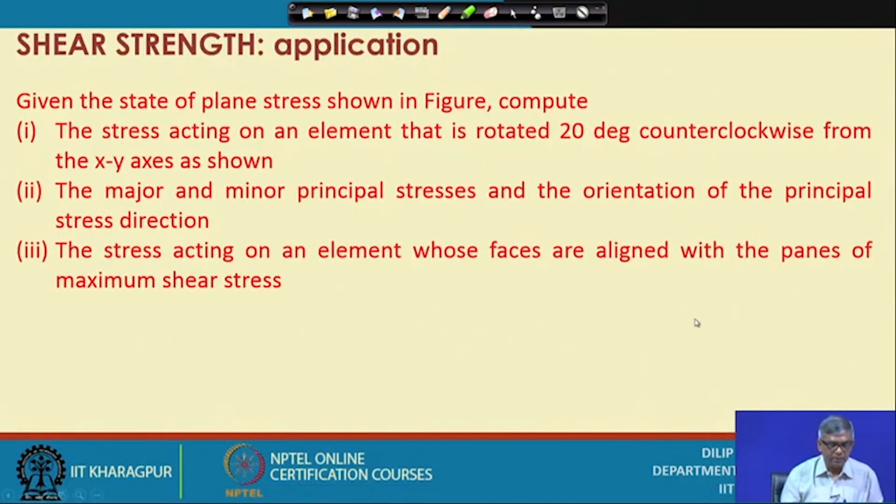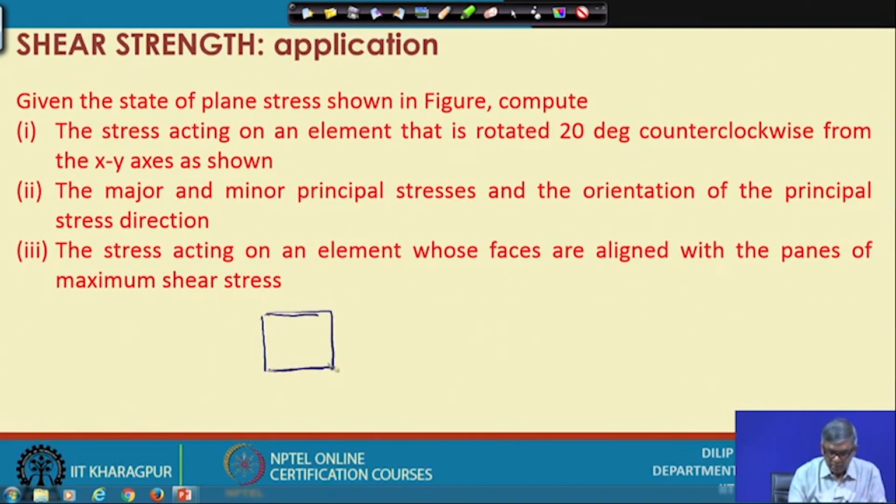Maybe the third problem is something like this. You have one general element like this. The very general state of stress is given.